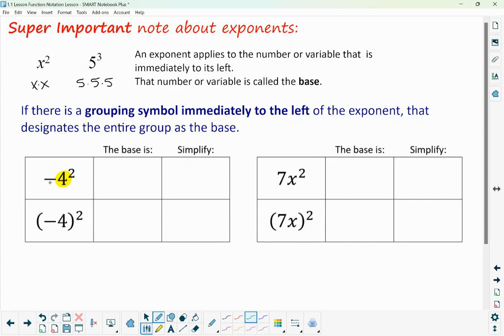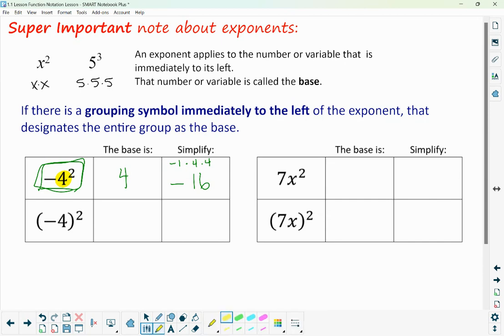In this case, it does not apply to -4. The base is 4. If you type this expression into your calculator, it is doing -1 times 4 times 4. It's using 4 as the base, and your calculator is going to give you the answer -16.